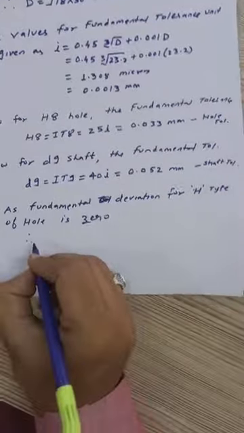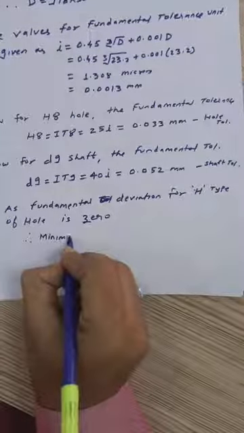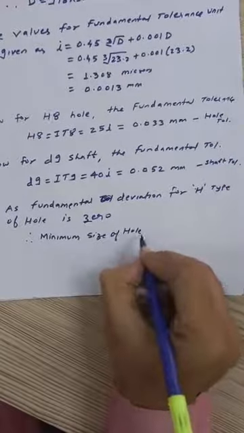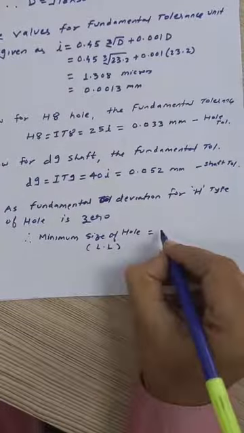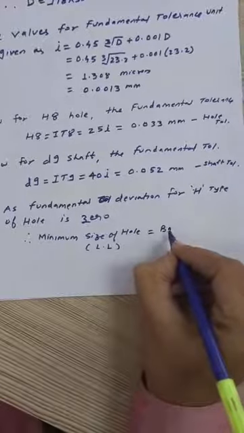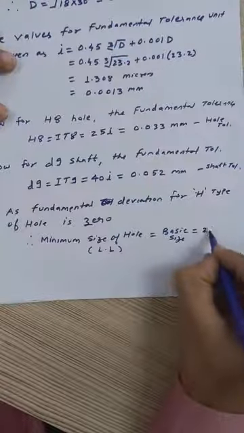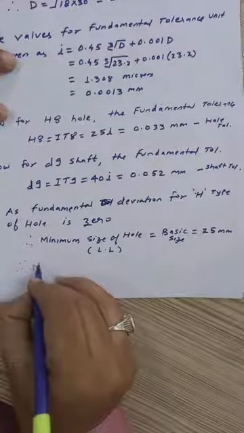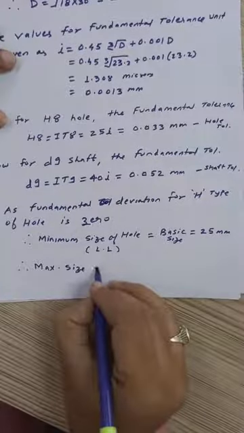Therefore the minimum size of hole, meaning the lower limit of the hole, is equal to the basic size, and in this case the basic size is 25. So that is 25, right? Now find out the maximum size of hole.